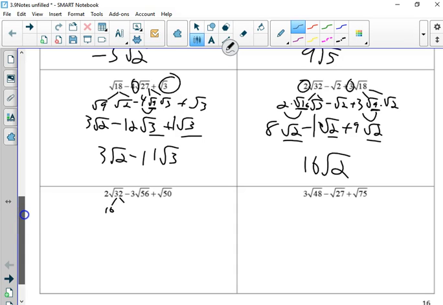This breaks down to 16 and 2. This breaks down to 4 and 14. And this breaks down to 25 and 2. Okay? So, these are all radicals.